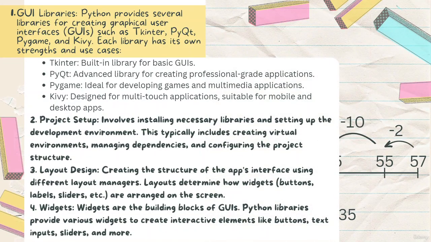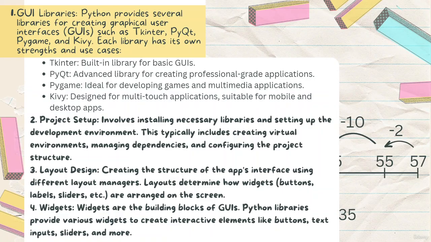1. GUI libraries. Python provides several libraries for creating graphical user interfaces, which is GUI, such as Tkinter, PyQt, Pygame, and Kivy. Each library has its own strengths and use cases.